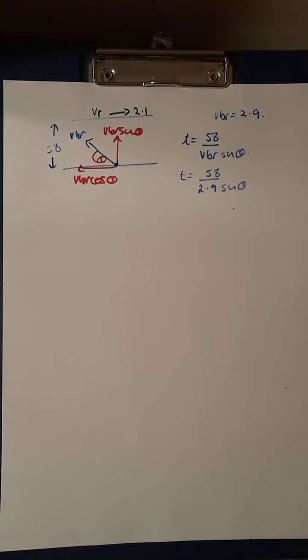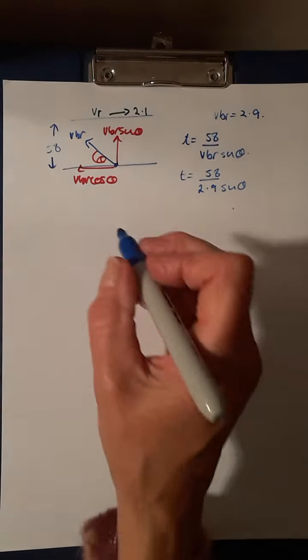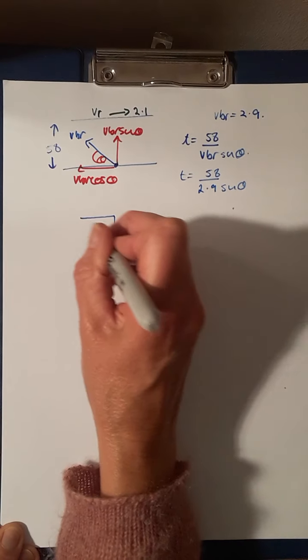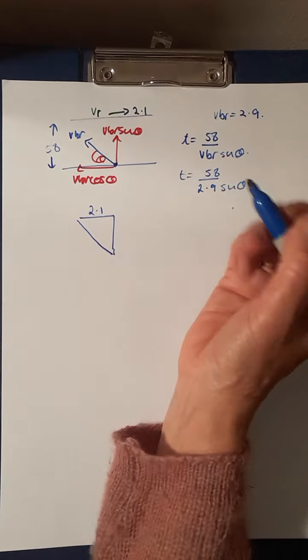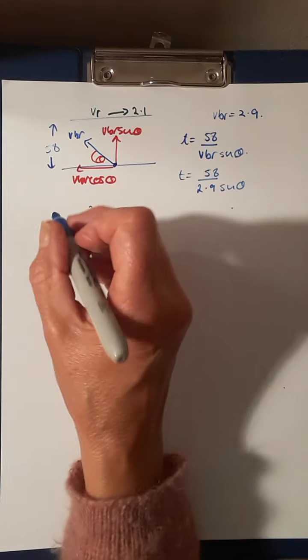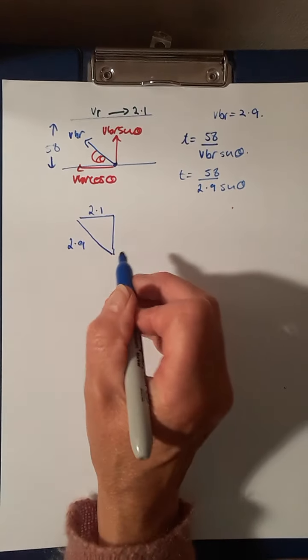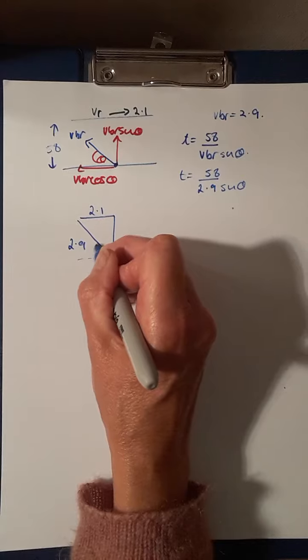So let's see, what do we know? Let's take this crossing triangle here. I'm going to draw, it's a right angle triangle. The VR is 2.1. The river velocity is 2.1. The VBR, of course, is 2.9. And this is the angle that the VBR makes with the bank.